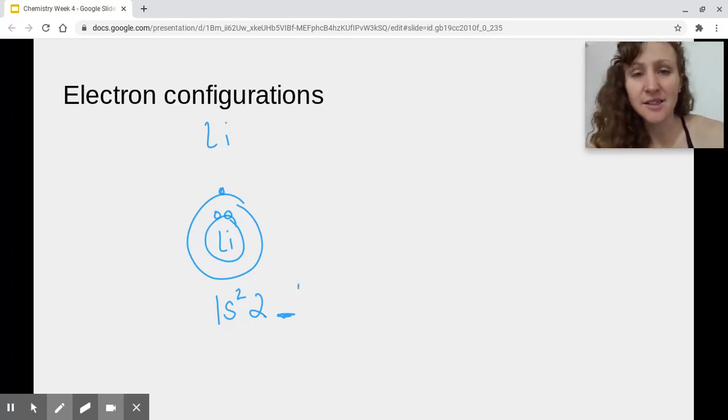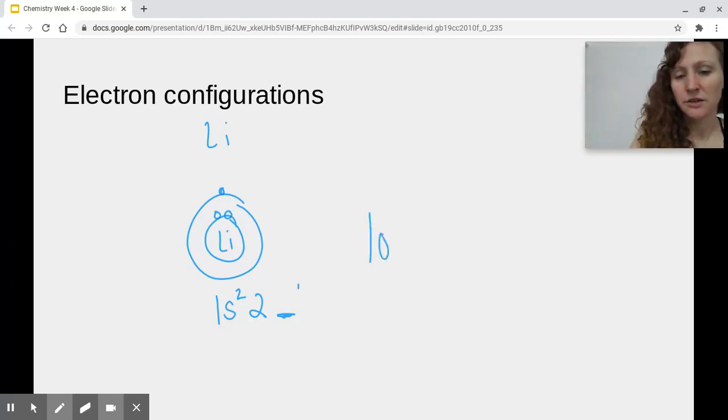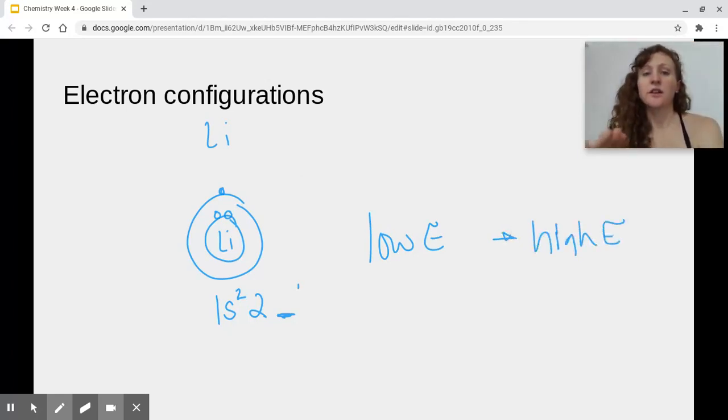And here's the deal. In order to be able to continue writing electron configurations, we have to know what order the orbitals get filled. So that's what I want to talk to you about next. It's called the order of filling. Orbitals are going to fill from lowest energy to highest energy. That's the order that orbitals fill.